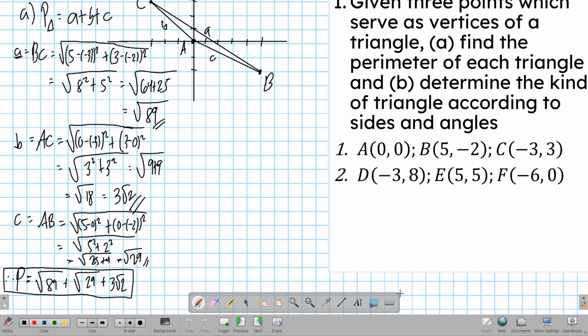Ngayon, balik tayo dito. As we can see, hindi magkakapareho yung length of sides ng ating triangle ngayon.